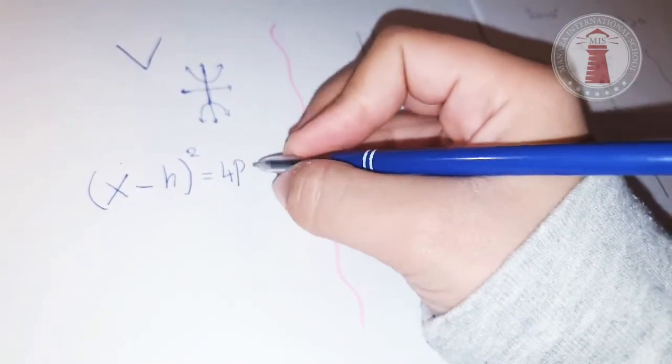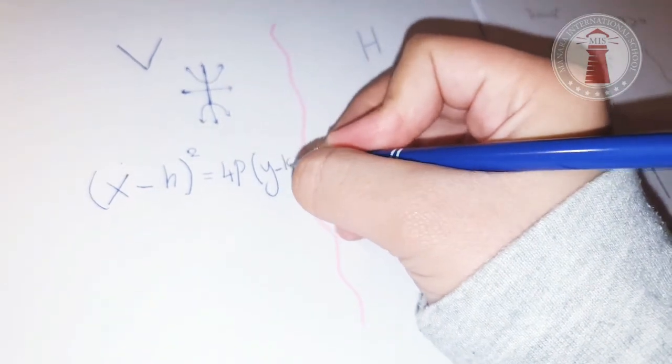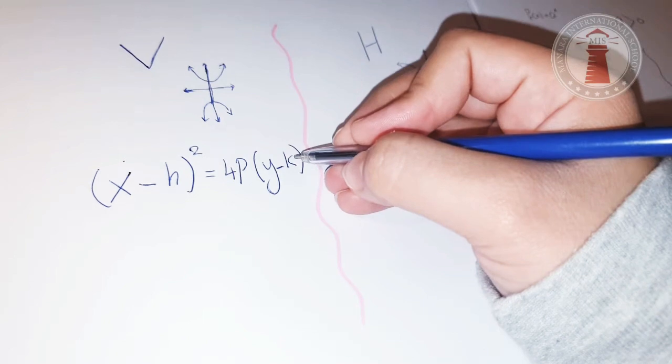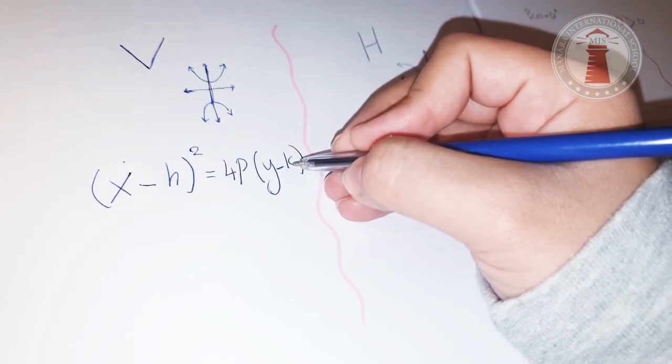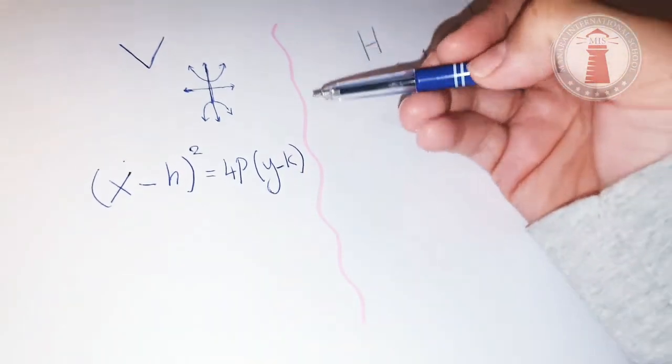We will be mentioning what p is later. And then we have y minus k, which is also a parameter that we always use in this book to describe the shifts that happen in the y-axis. So the shifts happen up and down.